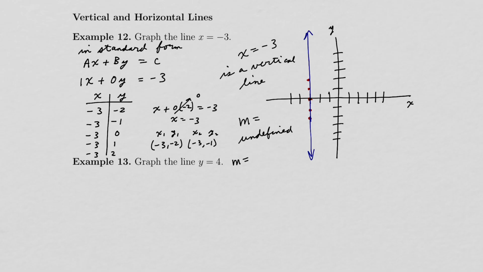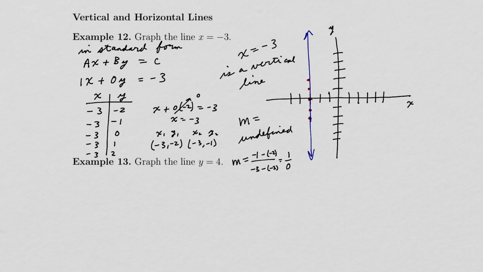I'm going to get y2 minus y1 over x2 minus x1. If you do that, negative 1 minus negative 2 is negative 1 plus 2, which is 1. But in the denominator, I get negative 3 minus negative 3, which is negative 3 plus 3, which is 0. This is undefined, right? You can't divide by 0. That's why the slope is undefined for a vertical line.